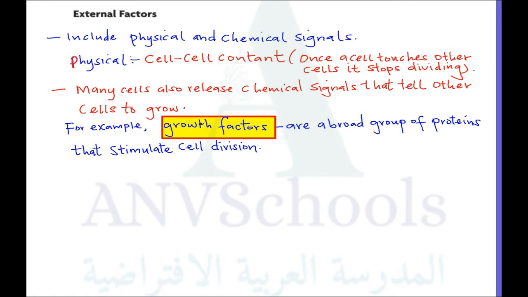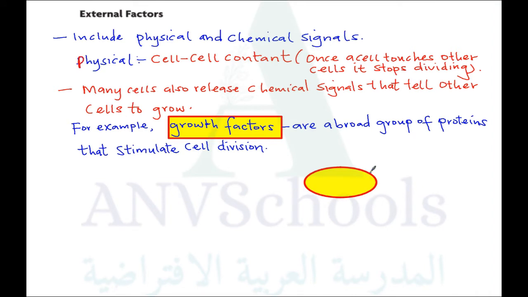So if we have something like this being a cell, then we have maybe an external signal, then we have chemicals being released, and these chemicals bind to receptors.